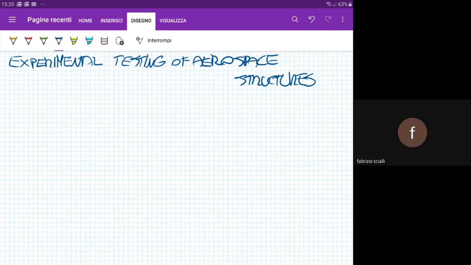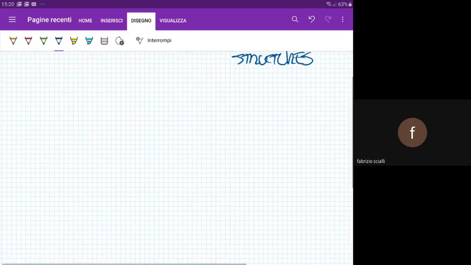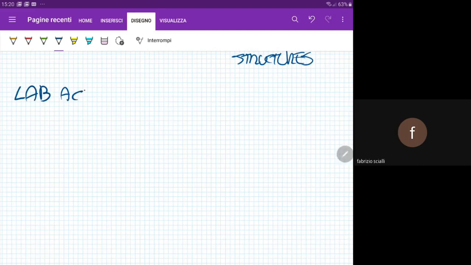Okay, so let's recap the laboratory activity. What I'm planning is to have, as I said before, some activities in the lab, and this lab will be with a group because you are a number. So please email me your actual capability to attend the laboratory.